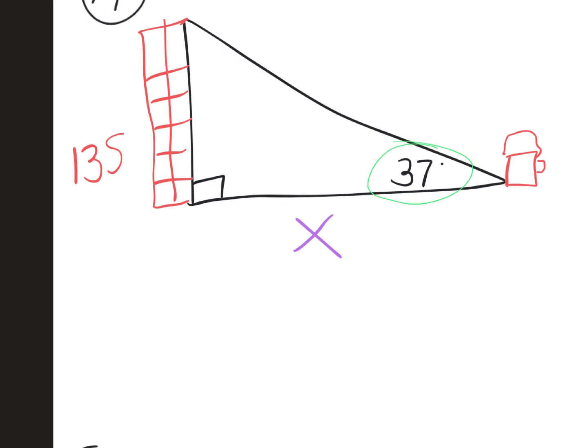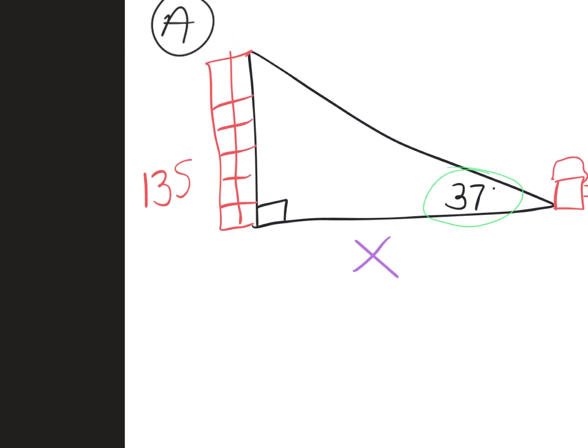So if we look at A, here is my theta. Everybody agrees that that's my angle of reference that I'm looking at. What is 135? The opposite, good. And what is X? My adjacent. So what trig function would I use to solve this problem? Tangent.